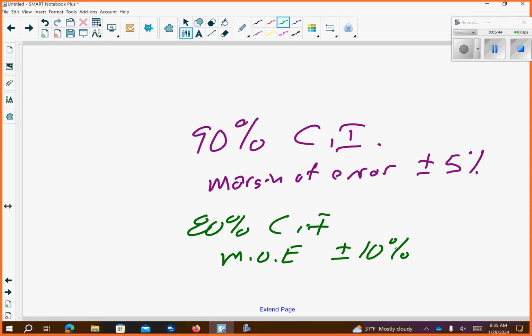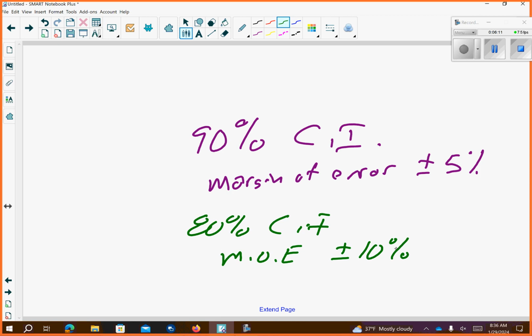Anyone see what the pattern could be? 70%, 60%, 50%. Yeah, but look at this margin of error, plus or minus 5. If I go plus 5 and minus 5, how big is that distance? If I go positive 5 right, negative 5 left, how far is it from negative 5 to positive 5? 10. 10 plus 90 is 100.